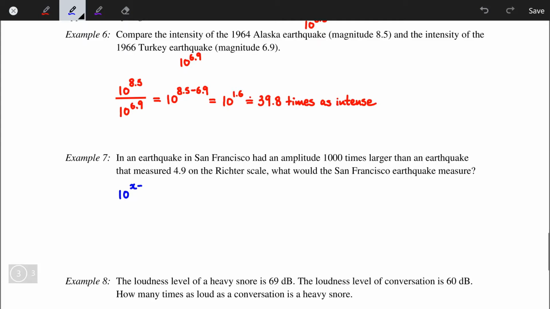If we subtract 4.9, we will get the 1,000 times, which is 10 to the third power. These are both powers of the same base, so we have x minus 4.9 is equal to 3. So x is going to be equal to 7.9, and that is what the San Francisco earthquake would measure, 7.9 on the Richter scale.